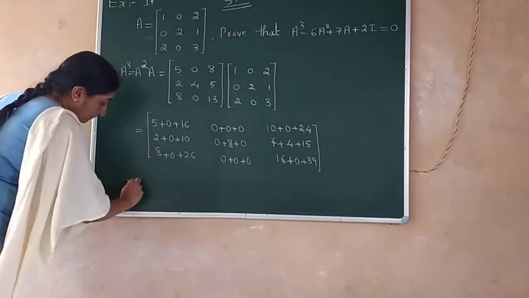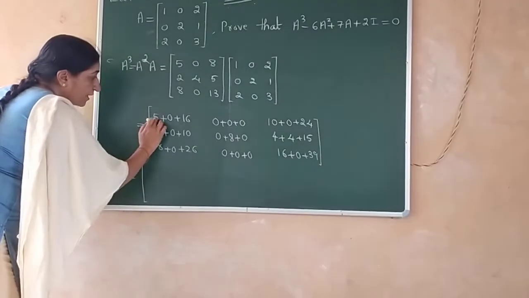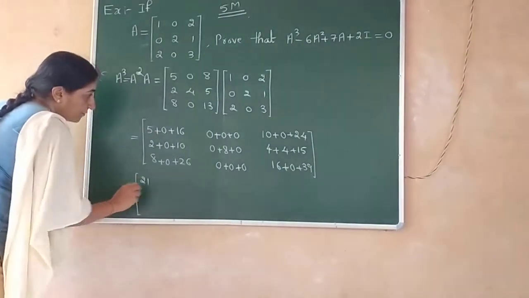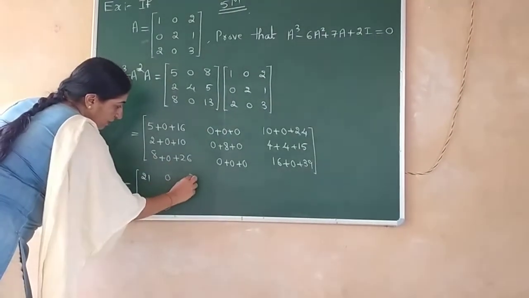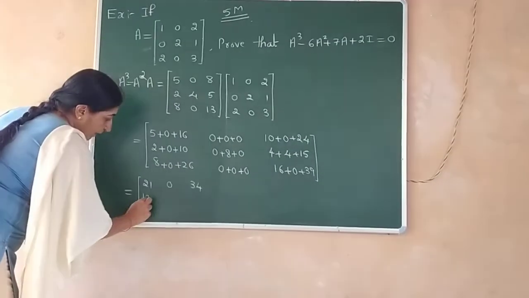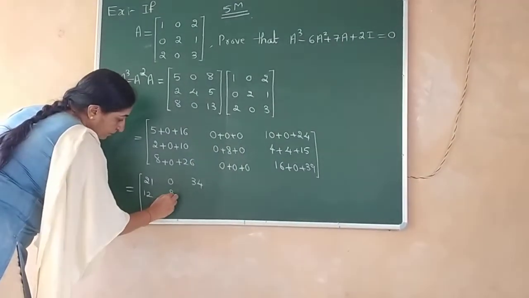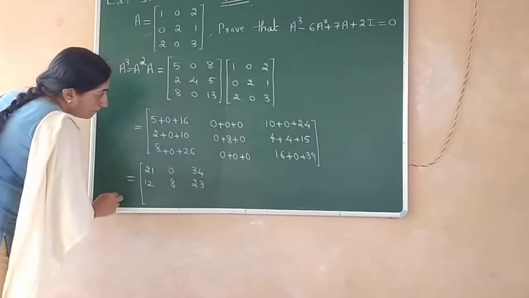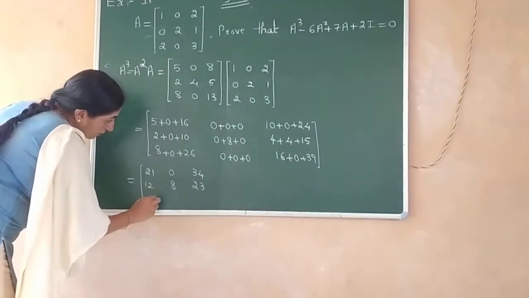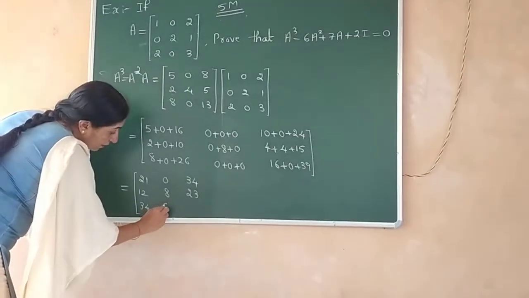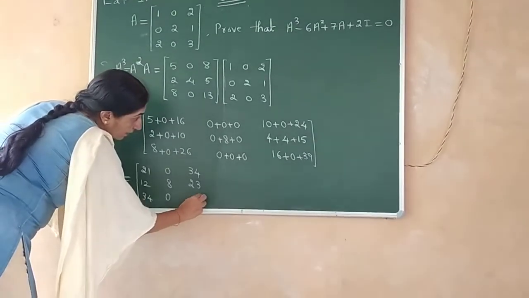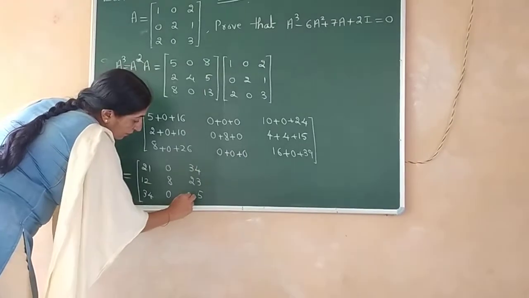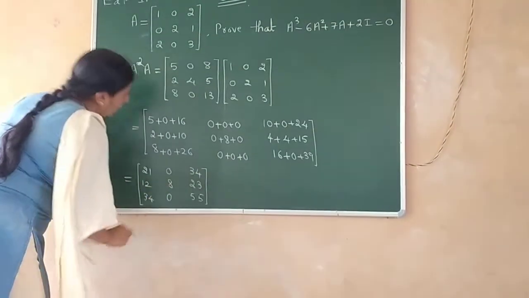See, I am writing here. 5 plus 16, 21. Then it is 0. Next 34. It is 12. Then 8. Then 23. Then 34. Then 0. Then it is 55. See, this is A cube.